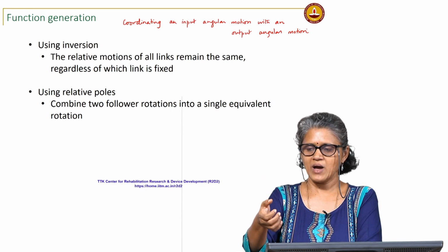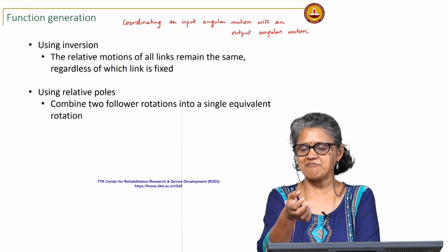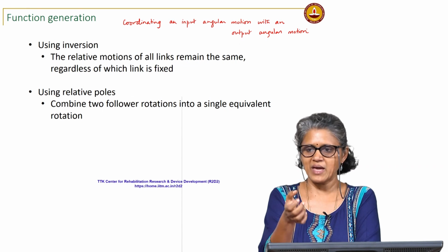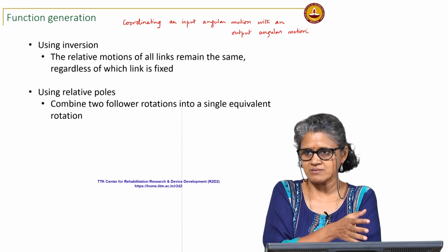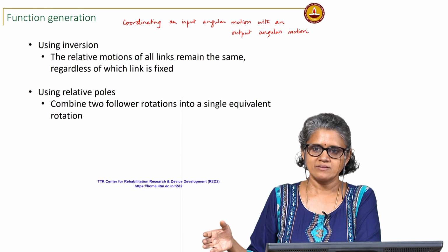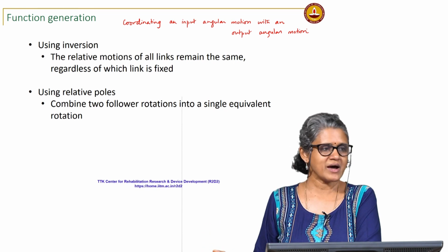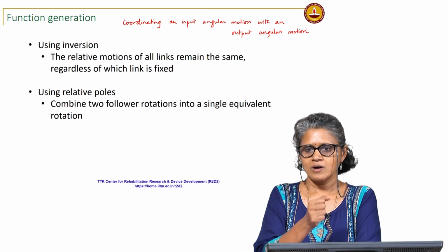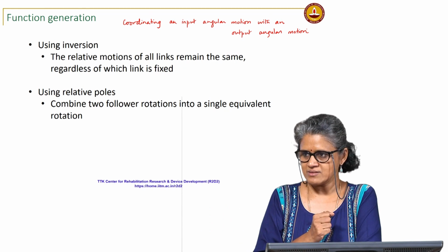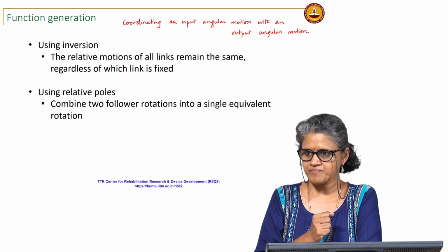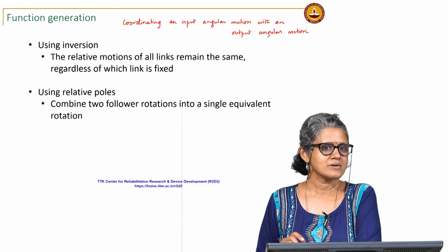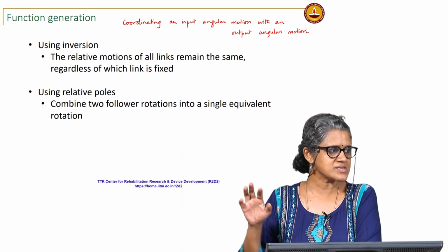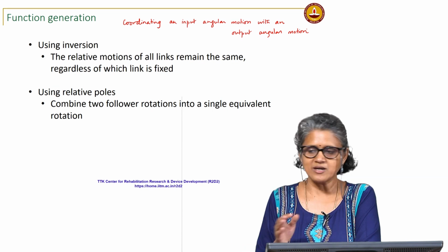So, you may have a valve opening. You may have a handle at a particular location connected to a somewhat farther away location where you are opening something. So, you move a handle through a certain angle and that opens something at a different location.